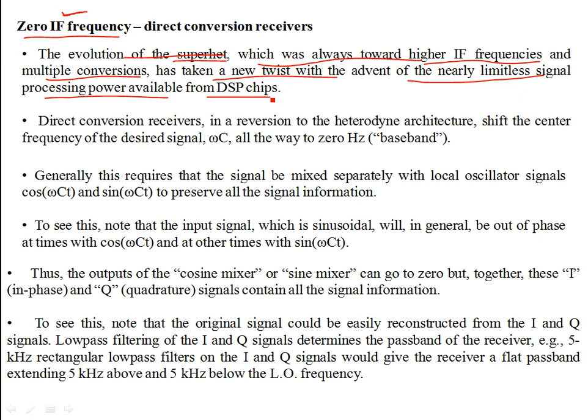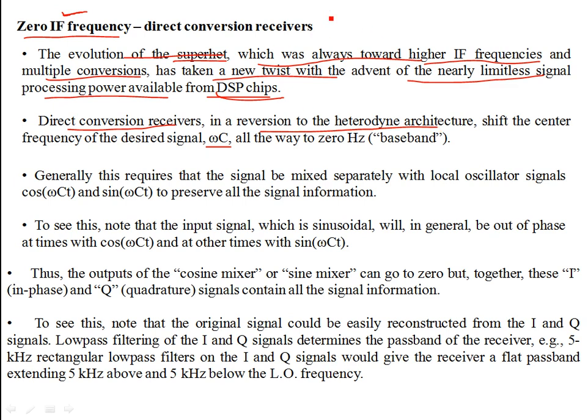What we're going to discuss requires a local oscillator which has the same frequency as the carrier. Everything can be built into a single DSP chip. So that's a very nice alternative to avoid double conversion or standard superheterodyne receivers, as we have talked before. So in the direct conversion receivers, in reversion to the heterodyne architectures, these are homodyne.